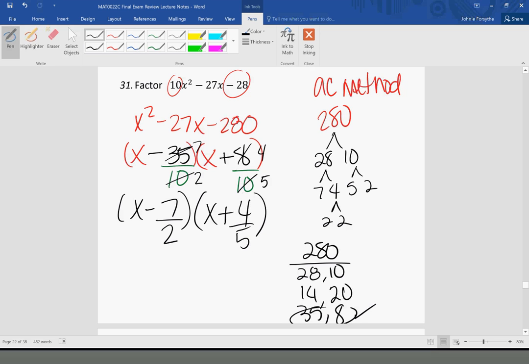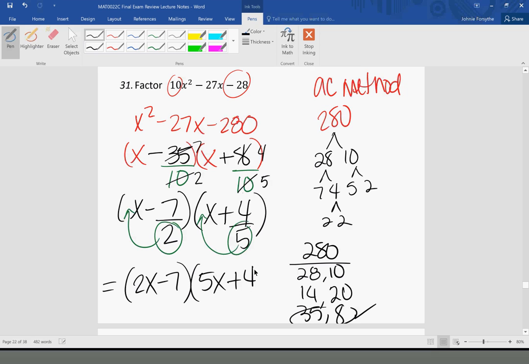Once you have reduced the fractions, now it's time to slide it back up in front of the x. So we're going to take the 2, slide it here, take the 5, slide it here. So your factors are actually 2x minus 7 times 5x plus 4.